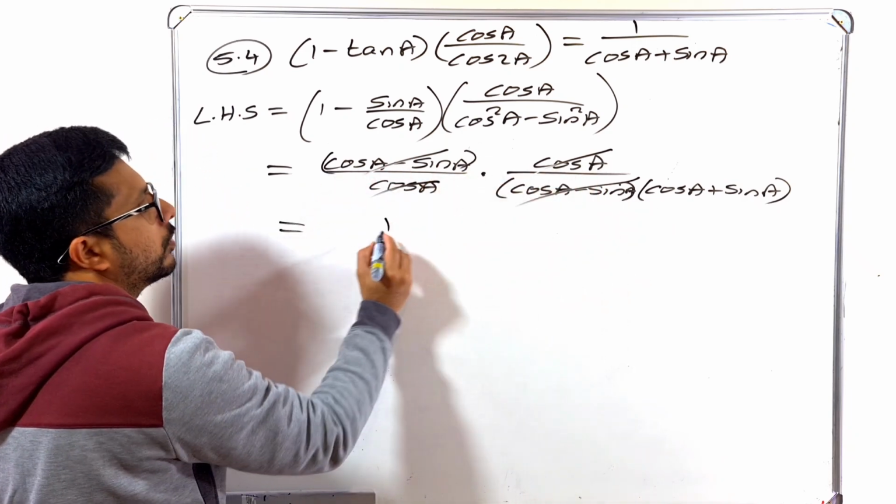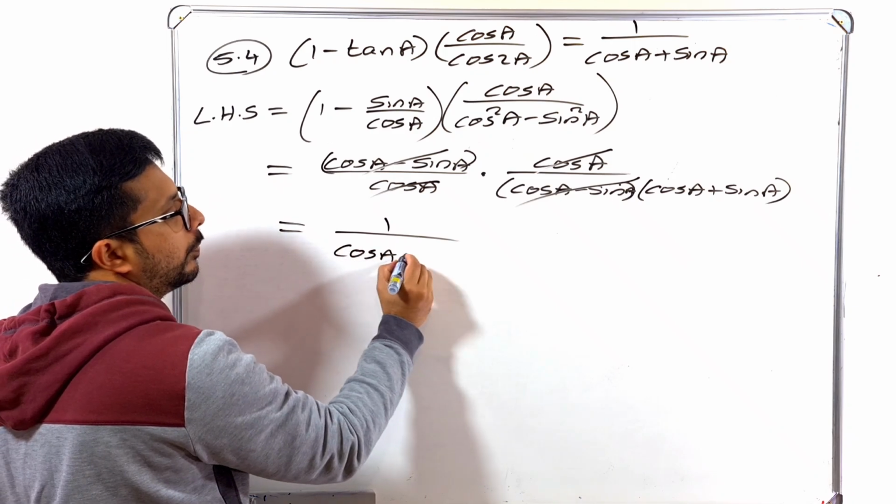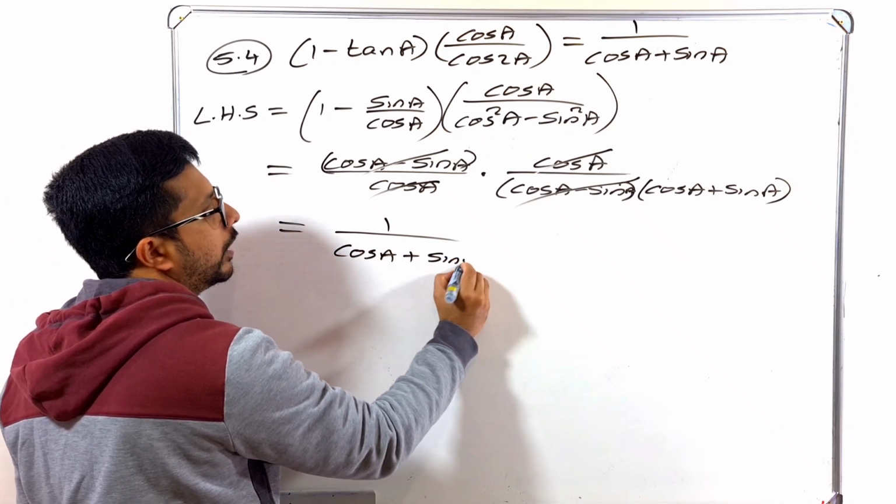In the numerator there is nothing, so it is 1 divided by cos A plus sin A.